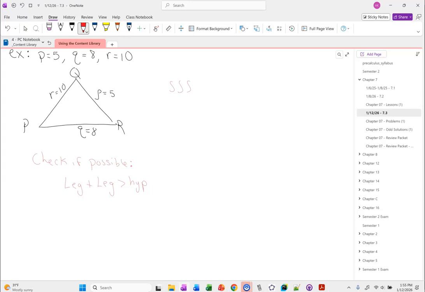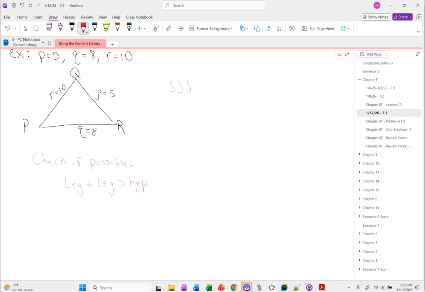So the check is simple. Just leg plus leg is greater than hypotenuse. But you've got to remember to do it. I will promise you this on the test, there will be at least one situation where I give you a side, side, side that's not possible. Okay? But the check is easy. Leg plus leg has to be greater than hypotenuse.